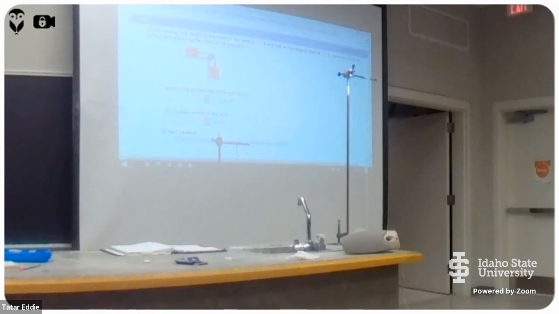Oh, there is a string attached, and that string is going to pull the block with tension force T1. So those are the forces. And actually, I'll put this tension force here, so all the forces act at the center of mass of the block.